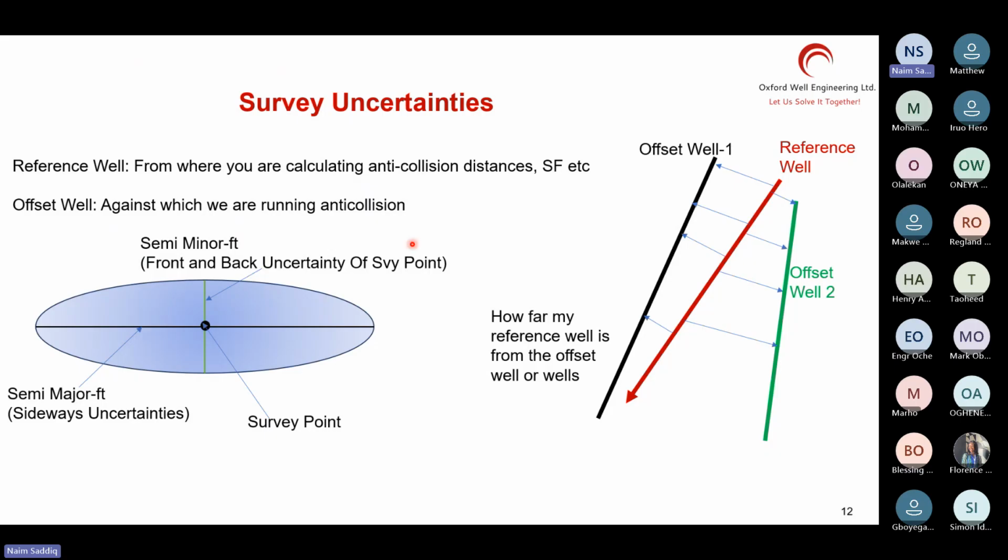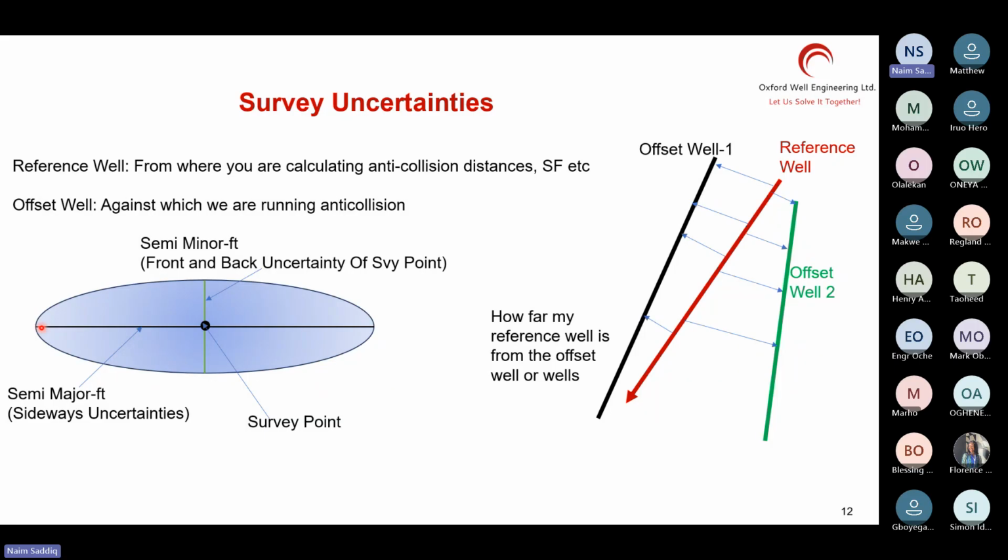For example, there will be an ellipse of uncertainty around the survey you just took. Your survey point is right in the middle, but the actual position could be on the edge on one side, or on the edge on the other side. It's called the semi-major axis. It's like a rugby ball. There are rugby balls all the way from top to bottom.